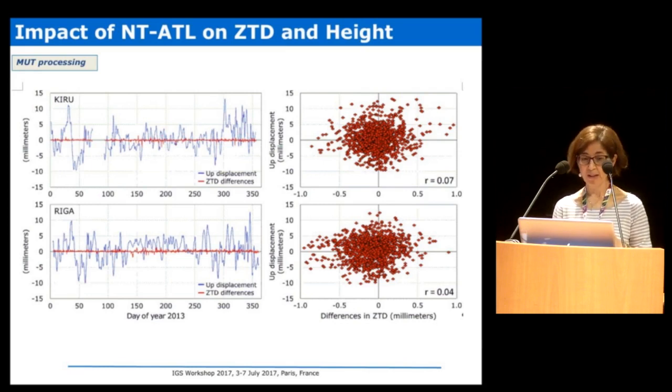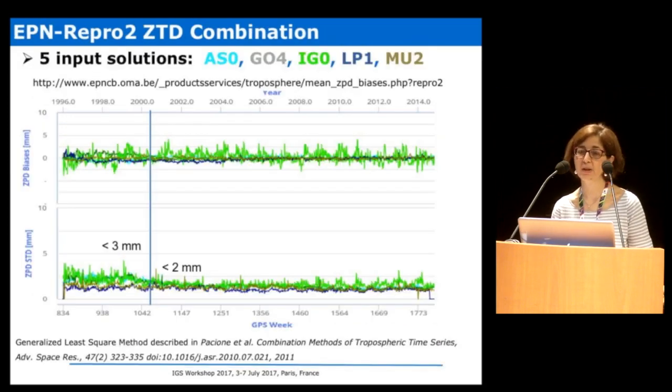Once having checked all this diversity, we started with the combination. It was very hard work to do, and at the beginning we first did a preliminary combination, considering all the 8 input contributing solutions. The aim of this preliminary combination was to check the input, to flag the outliers, and to send feedback to the analysis centers, and it was very tough.